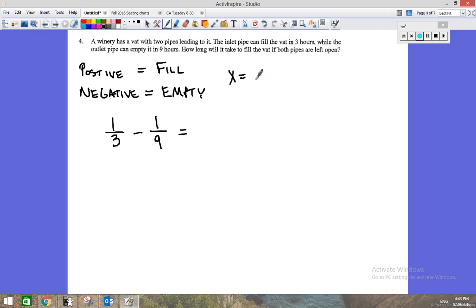X is the number of hours needed to fill the vat with both pipes open.